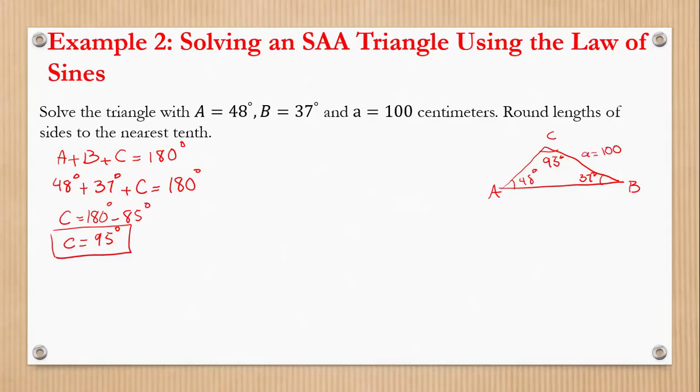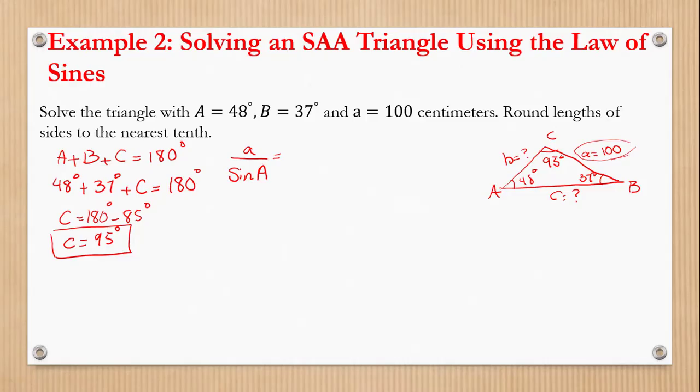I want to find side B and side C. How do we find them? Again, using the law of sines. This time, side A is given to me, so for sure I am going to use the fraction A over sine A in any law of sines that I'm writing.